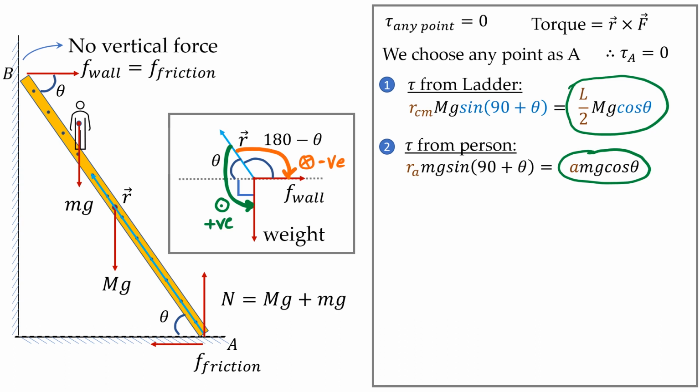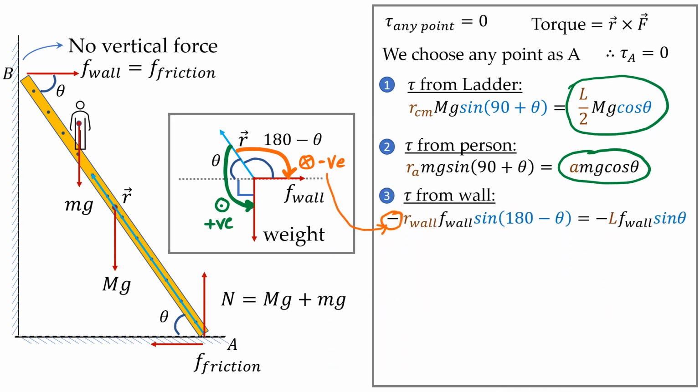The expression of the torque is this, which is the magnitude of the position vector, which is the length of the entire ladder, times the force of wall times the sine of the angle in between, which is 180 minus theta. Sine of 180 minus theta is sine of theta, and we get a simple expression.